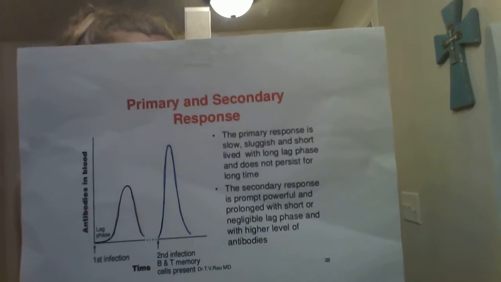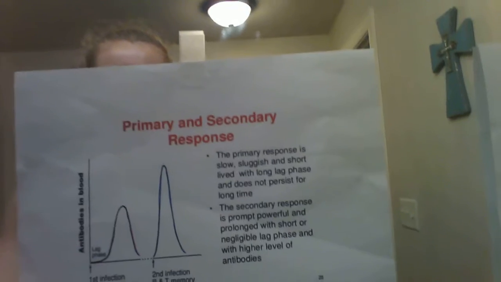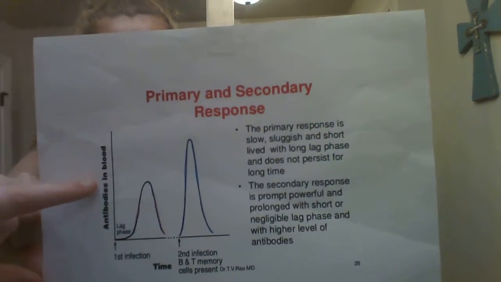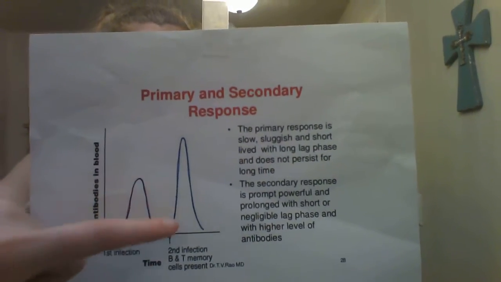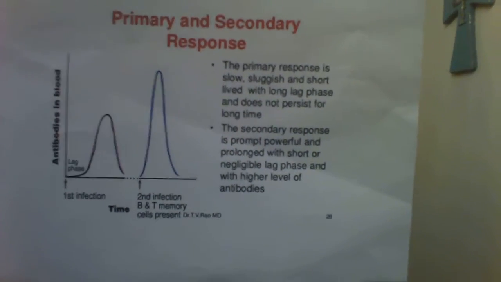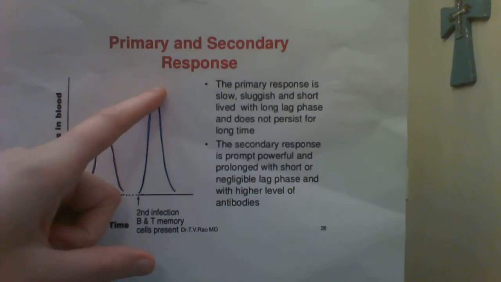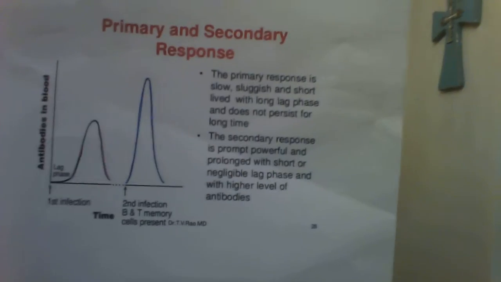It's actually going to have negligible lag phase, honestly. This is a graph of time versus antibodies, and you'll see in the secondary response, because it's so much more powerful, there's such an increased number of antibodies produced as opposed to that primary response.